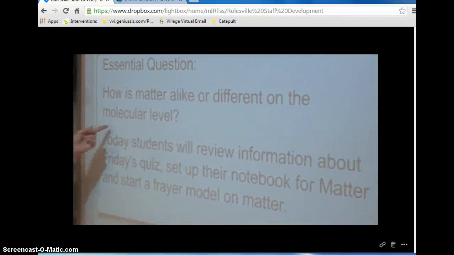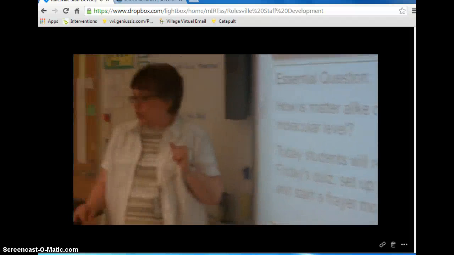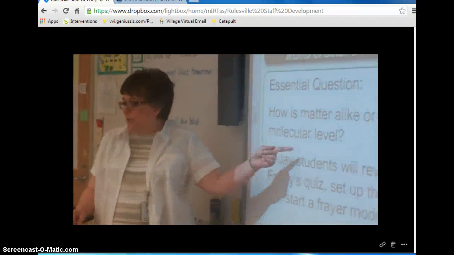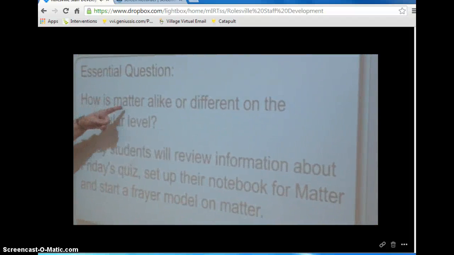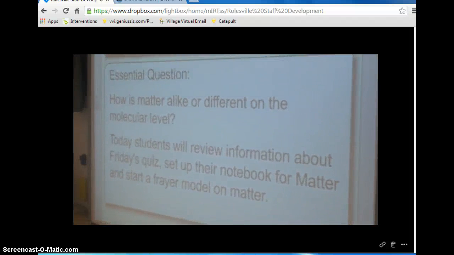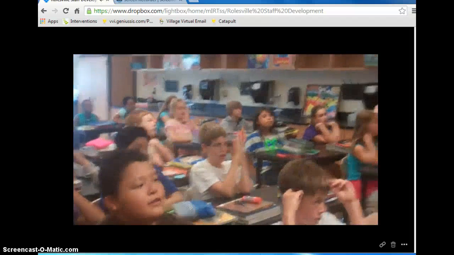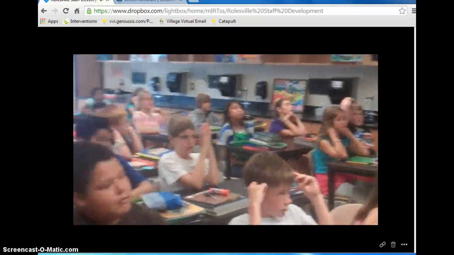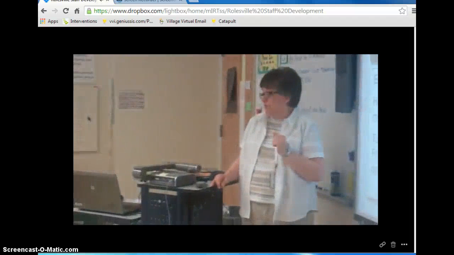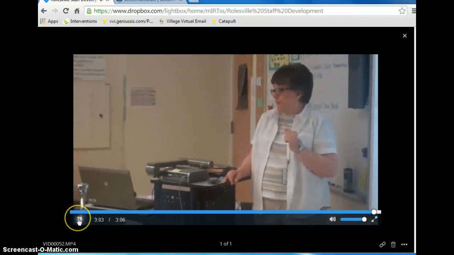It's pronounced molecular. Everybody say molecular. Molecular. Again. Molecular. All right, now read me the essential question. How is matter alike or different on the molecular level? Good pronunciation. Does that make any sense to you? No, maybe not, but by next Friday it needs to make sense to you. Okay, so that's where we're going.